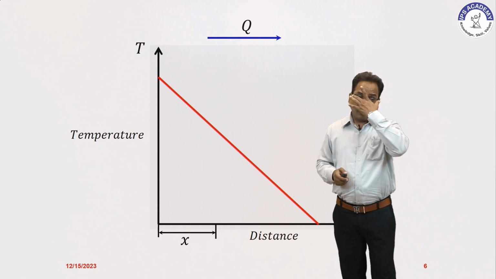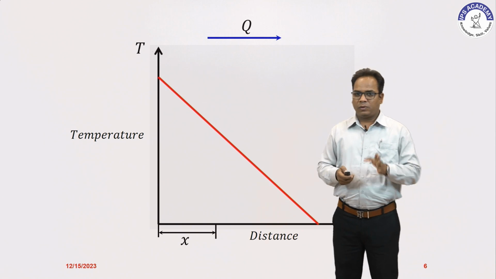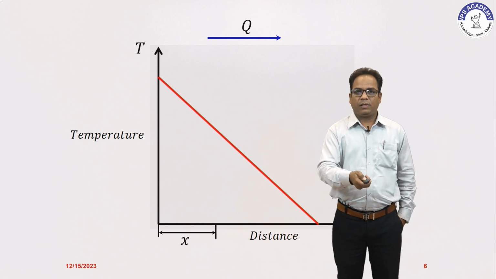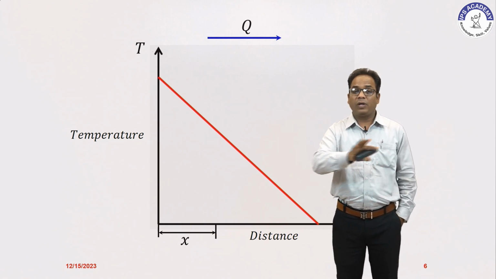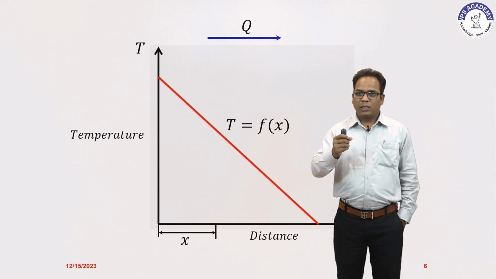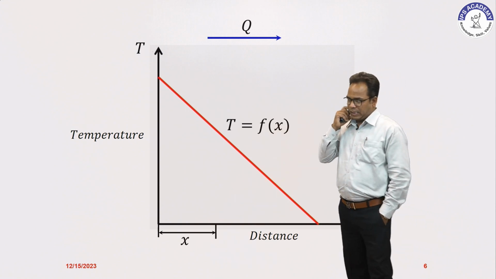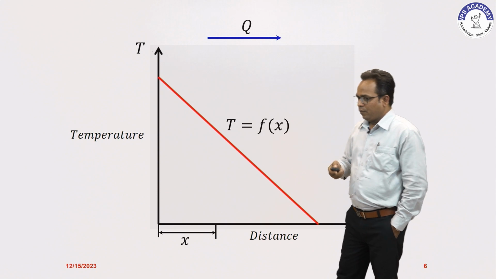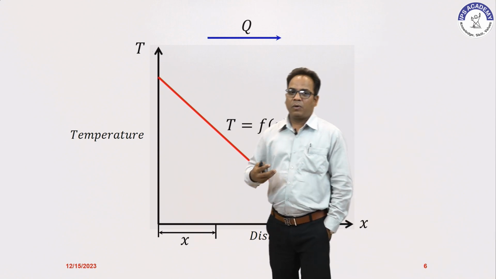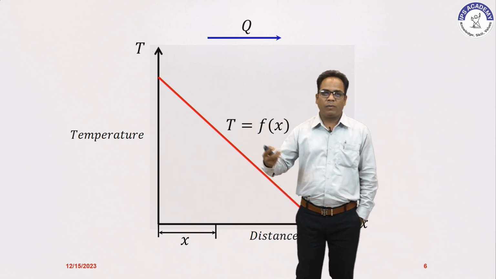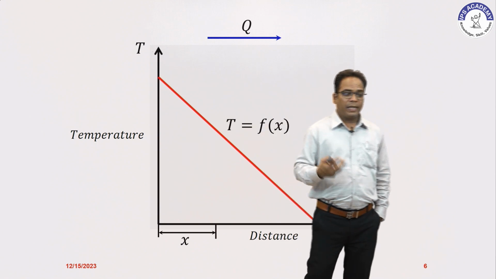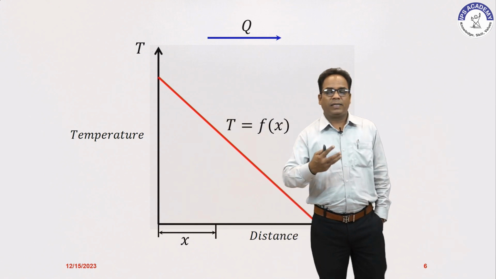The most important information is that, let's consider this is the overall heat flow in this direction. Heat is a quantity which provides the information about the direction in which heat is going to be transferred, and the magnitude of that heat transfer.